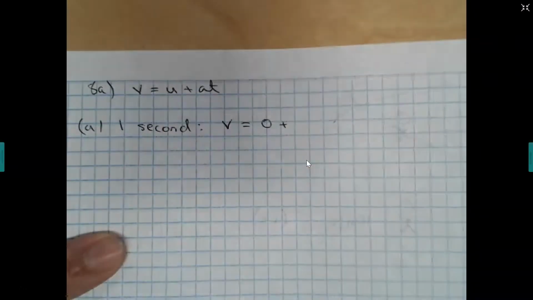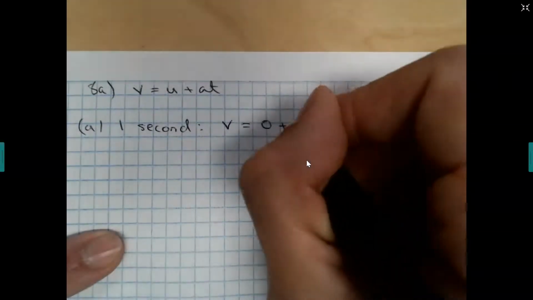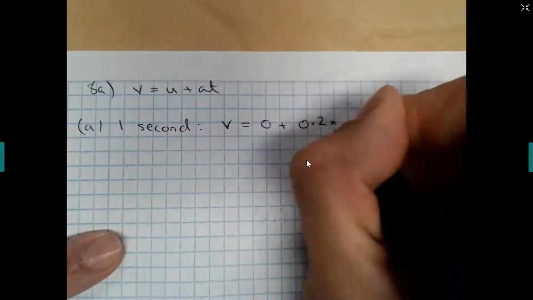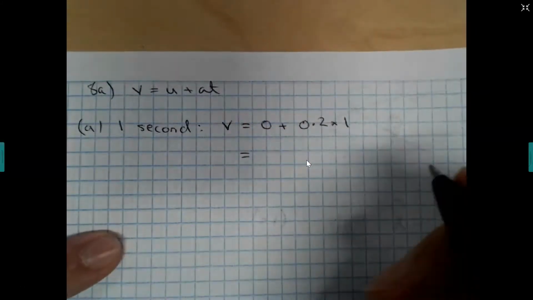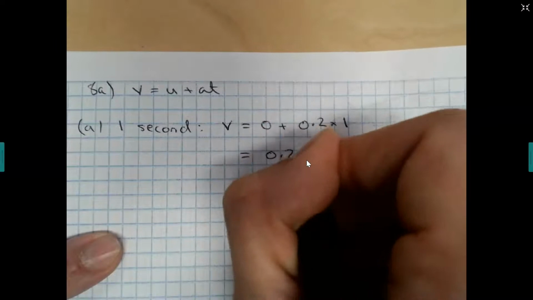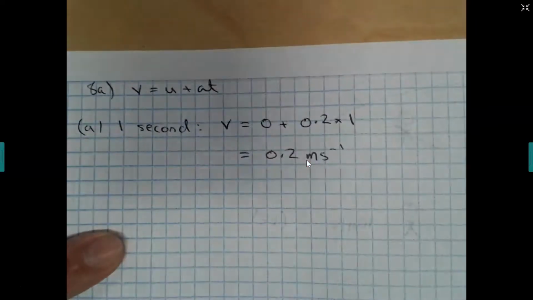So for A, 1 second, we would know that V is equal to our initial velocity 0 plus our acceleration, which was 0.2 meters per second squared, times 1 second. So it will be 0.2 times 1, which is 0.2 meters per second.